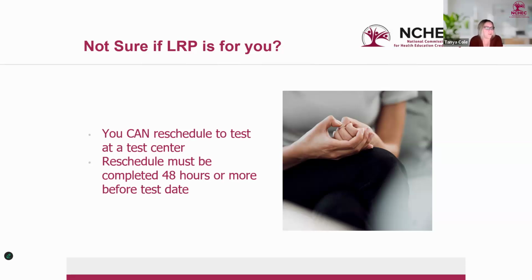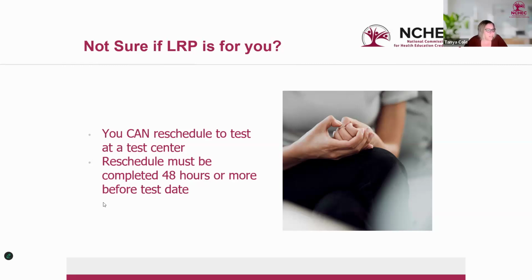So if you're not quite sure whether LRP is right for you or you're anxious about meeting the LRP requirements, please note that you can reschedule your test to be completed at a test center. It is recommended that you reschedule as soon as possible or at least more than 40 hours prior to your scheduled exam, as test center spots may be filled up or will fill up quickly.